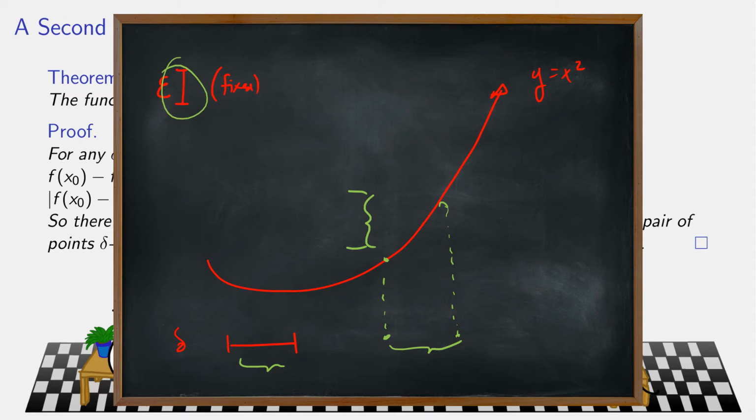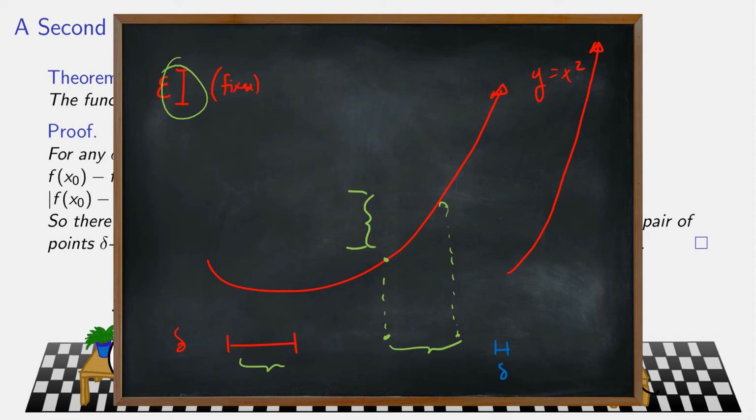But this has to be true for this one particular epsilon. It must be true for any delta. So what if I pick a new delta that's really, really small? Well, the graph of x squared is going up really, really fast. So eventually it's going up very, very quickly like this.